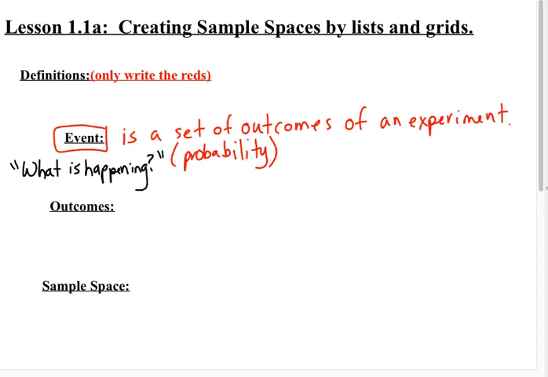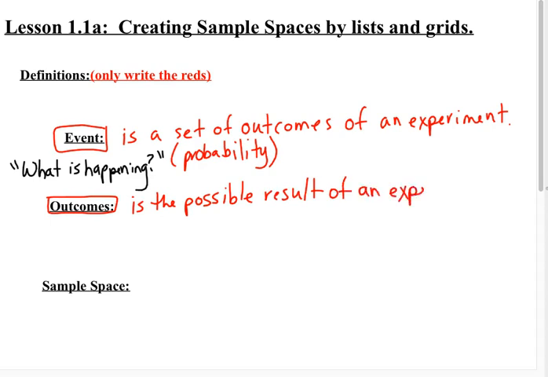All right. Next vocabulary word of importance is outcomes. An outcome is the possible results of an experiment or an event.